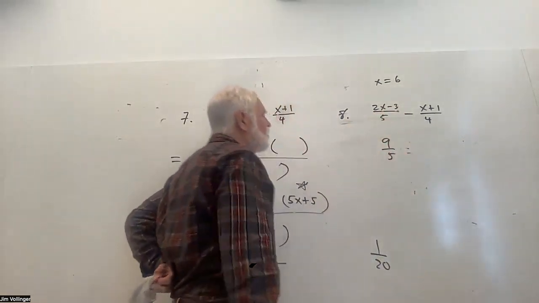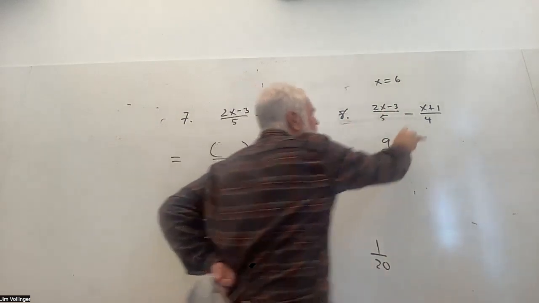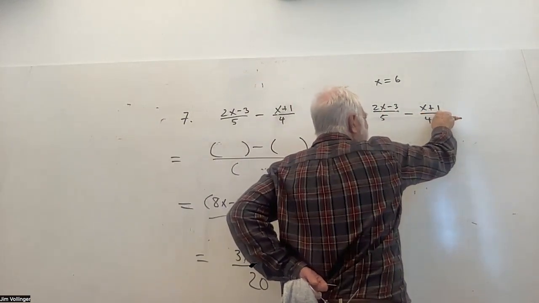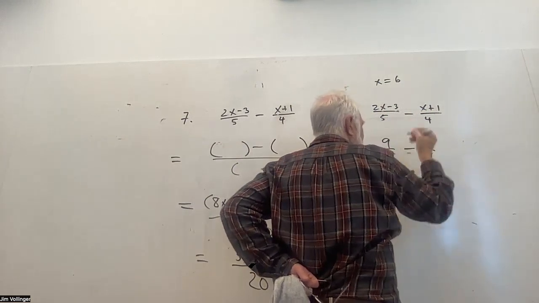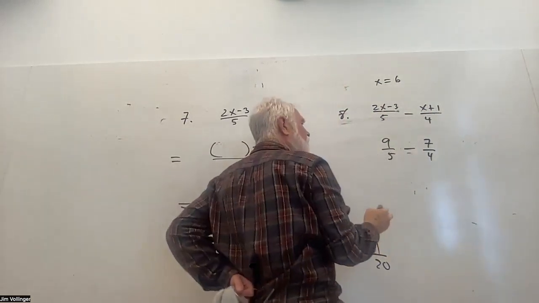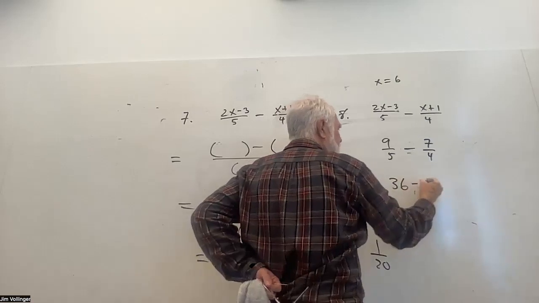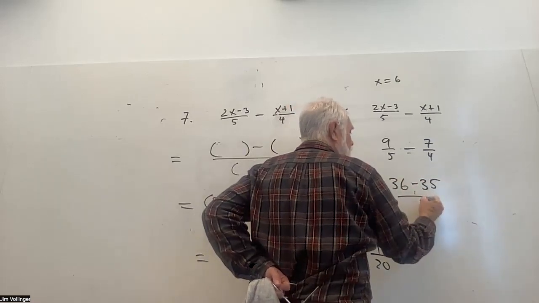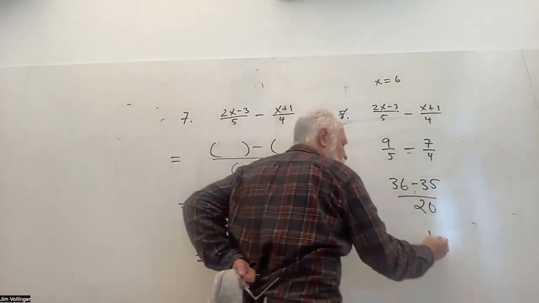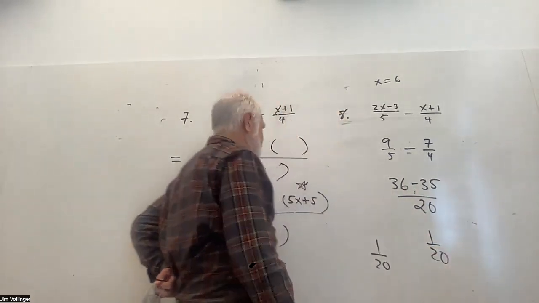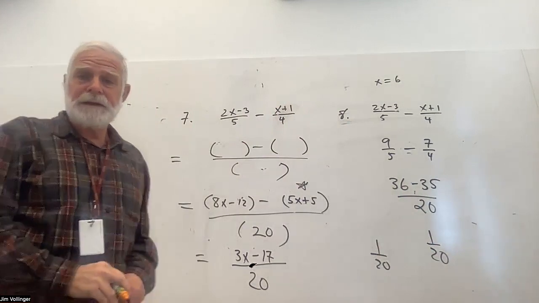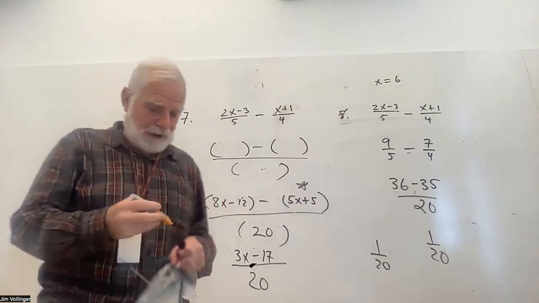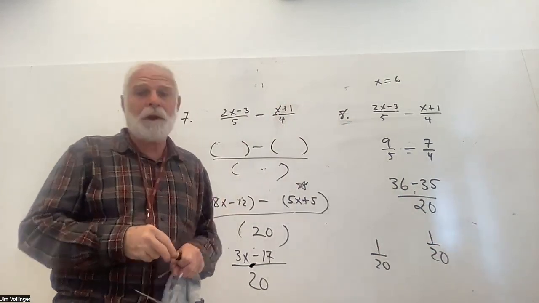I don't have a problem working with 9/5. 6 plus 1 is 7 over 4. What am I doing with these? I'm subtracting, so let's bingo, bango, bongo that. 36 minus 35 over 20, which happens to be 1 over 20. Didn't take long. I checked it. I just did 8 problems, checked them, no errors.